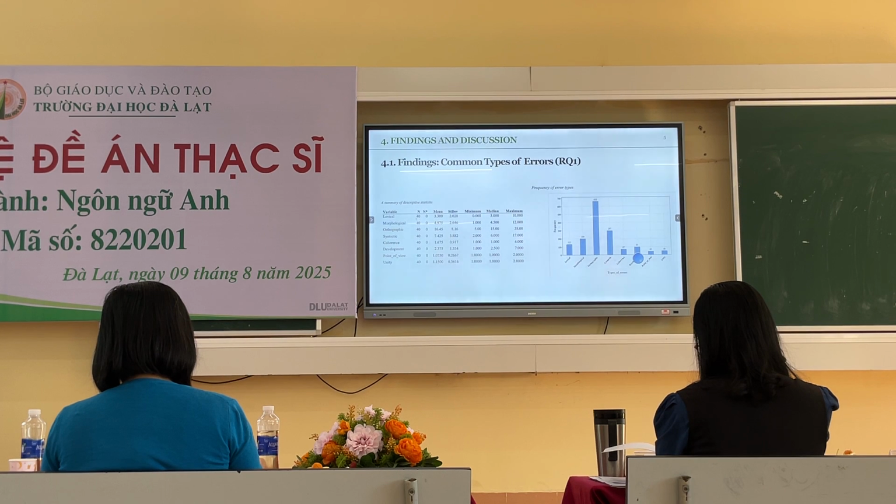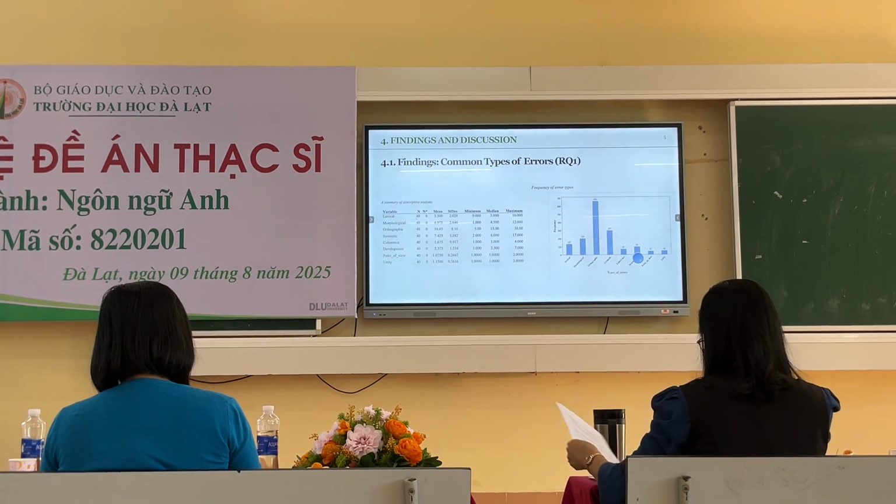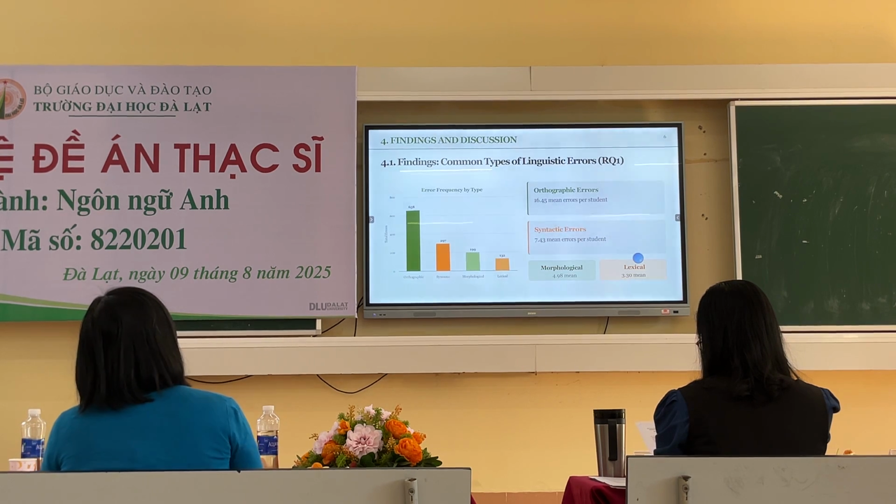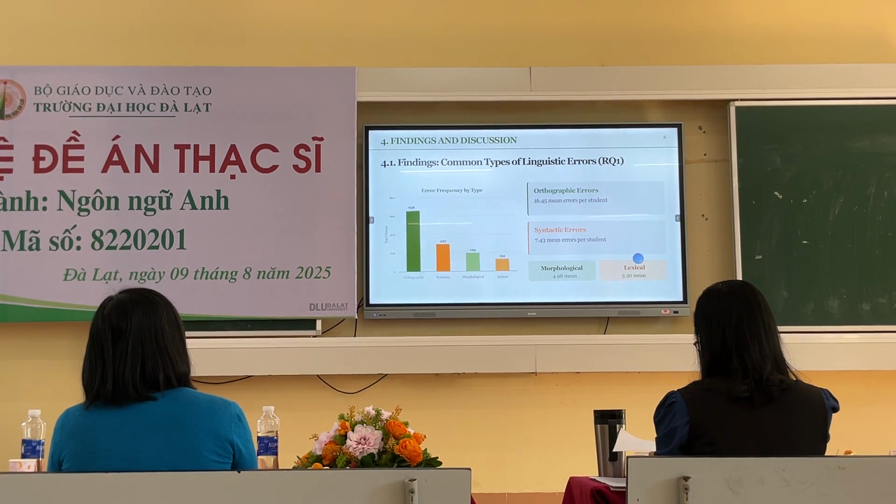Looking at the screen, I have the summary of the descriptive statistics and frequency of error types. On the chart, we can see that the linguistic errors are more frequent than the structural errors, and the most frequent error is the orthographic error. For the linguistic errors, the most frequent is orthographic errors, and the second one is syntactic errors.